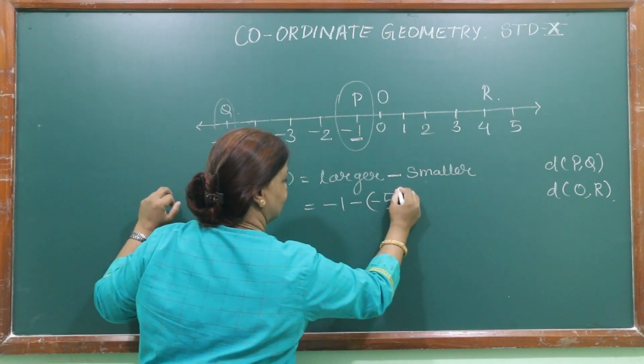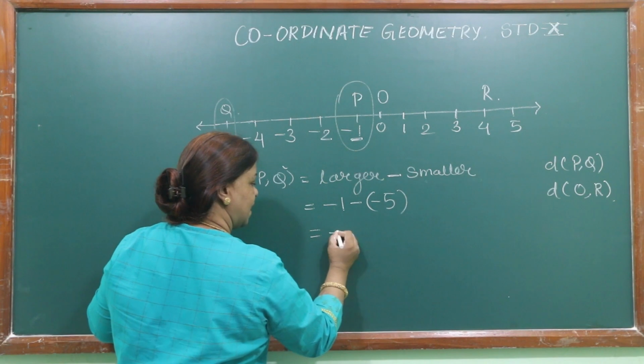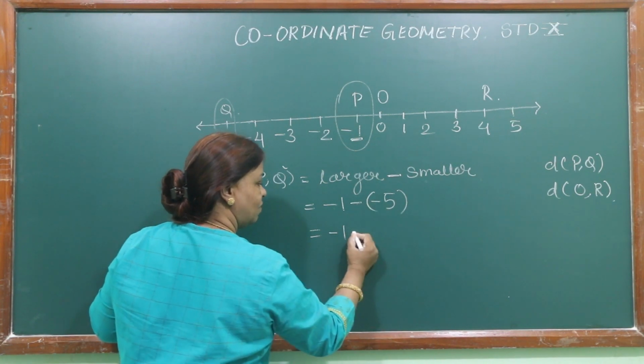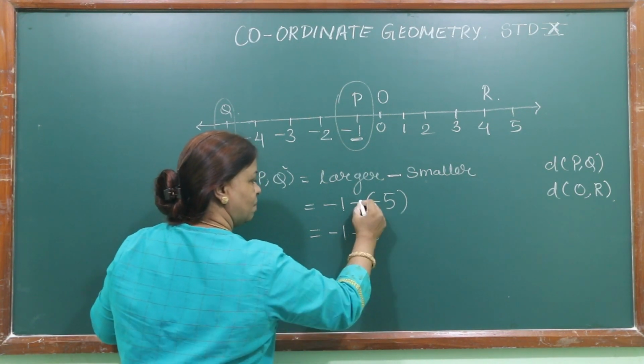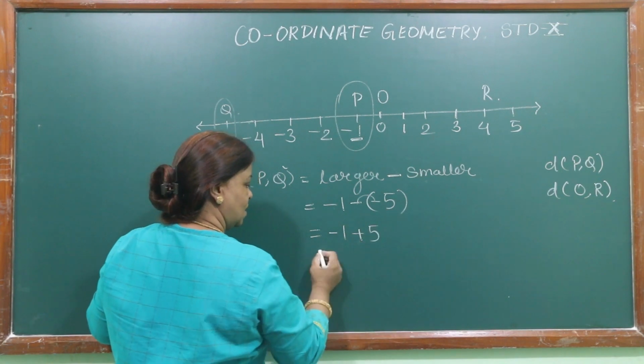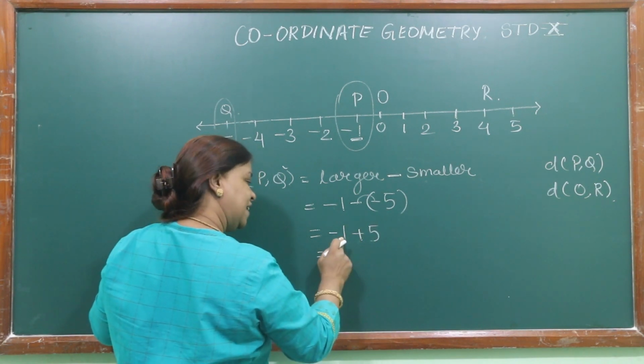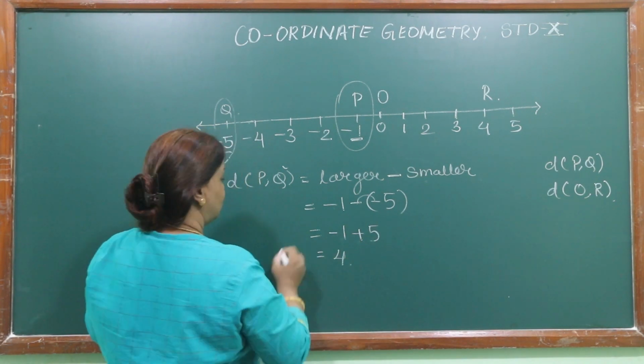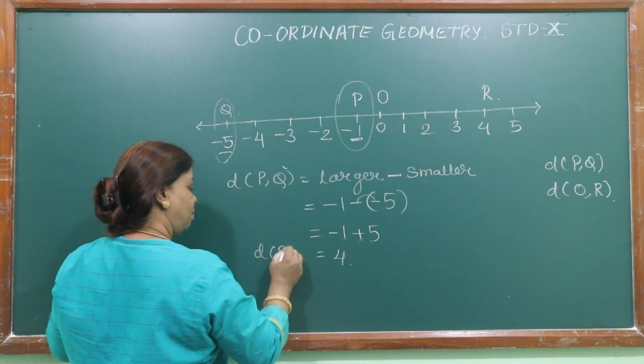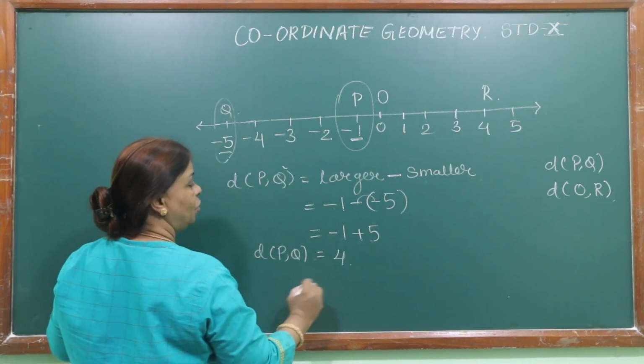Now just see, -1 minus -5: minus into minus becomes plus. Now 5 minus 1 is 4. So distance between PQ is equal to 4 units.